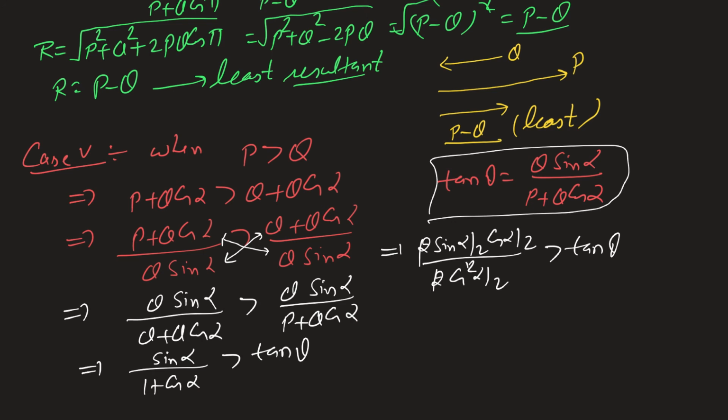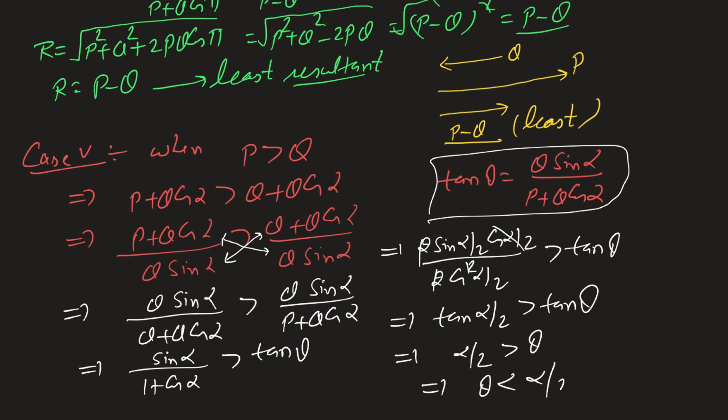The 2s cancel out, so tan alpha by 2 is greater than tan theta. This implies alpha by 2 is greater than theta, so theta is less than alpha by 2.